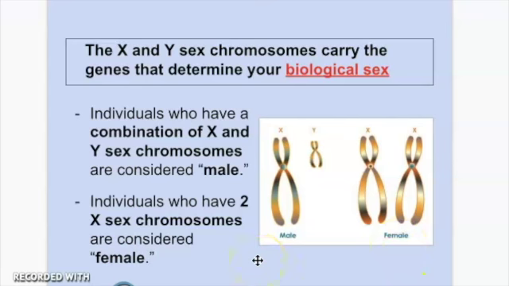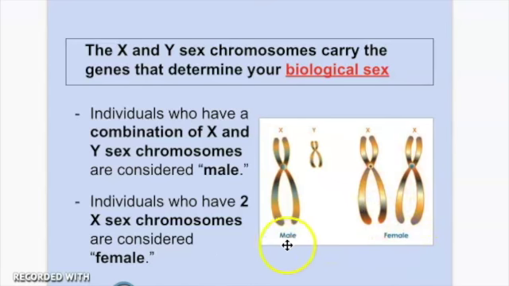Now, and I find this interesting, I don't know if you guys will, it's very possible that the sex chromosomes that we have won't look exactly like this. Some people have more than two chromosomes. And that would be due to some type of mutation, some type of error that happened in cell division.